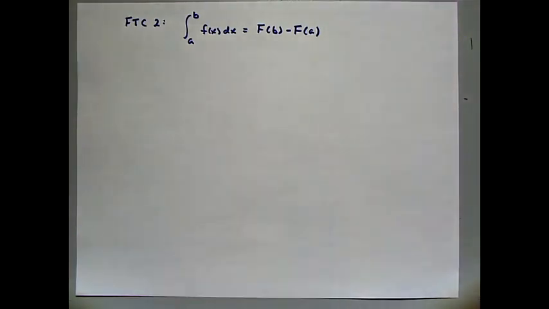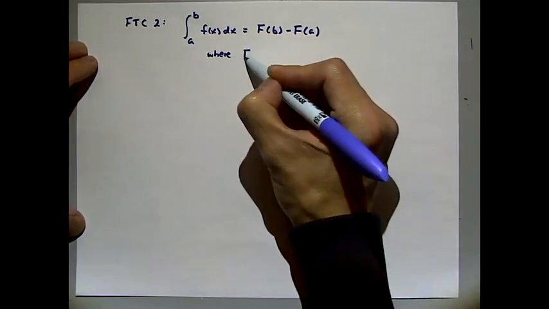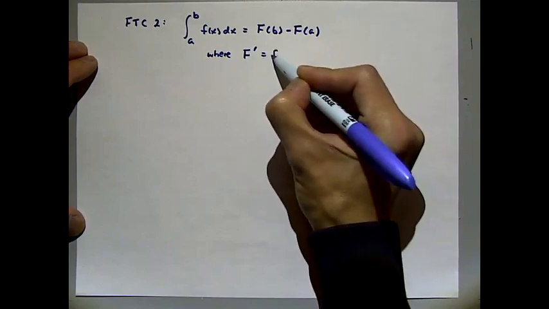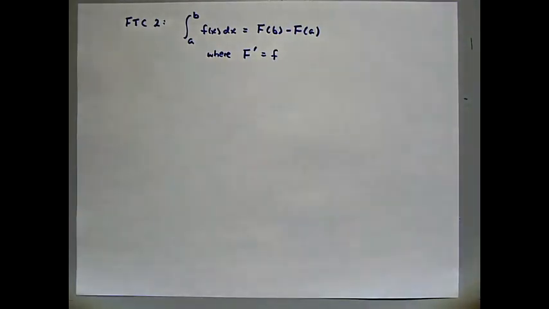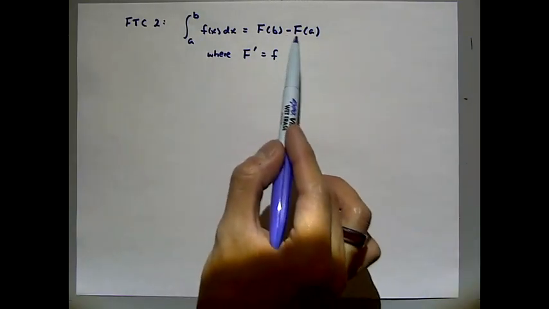The definite integration from a to b of the function f of x dx is, let me finish writing this, capital F, where capital F is the antiderivative of lowercase f, at b minus capital F at a.